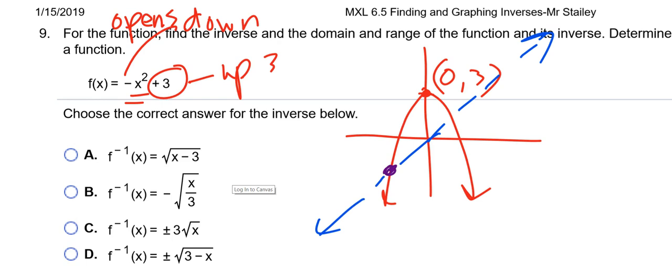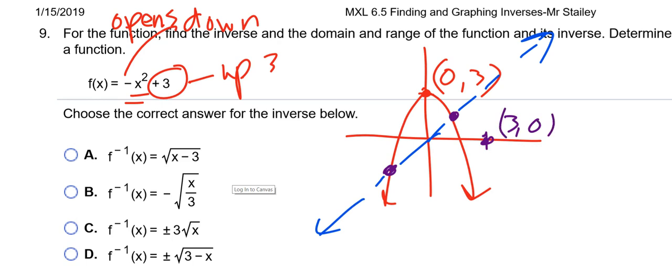What's happening to the 2 purple dots when I do the reflection? They are staying exactly where they are at. The point 0, 3, where is it going to go to? It's going to go to 3, 0, right over here.